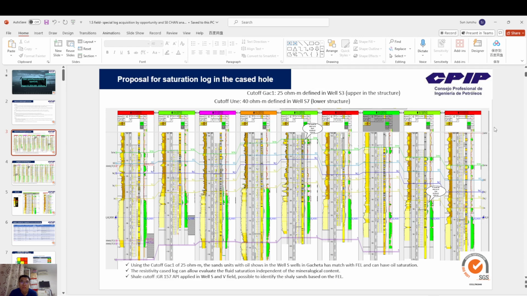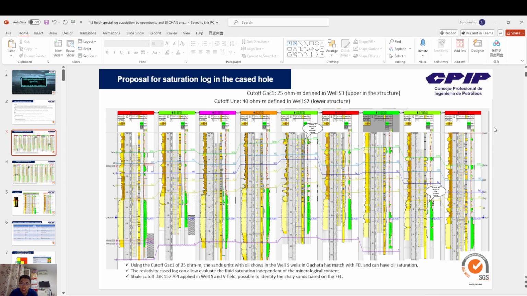Cutoff of Gajita 1 is around 25 for the resistivity defined in well S3, upper part of the structure. Cutoff of 40 of resistivity defined in well S7, in the lower segments of the structure.